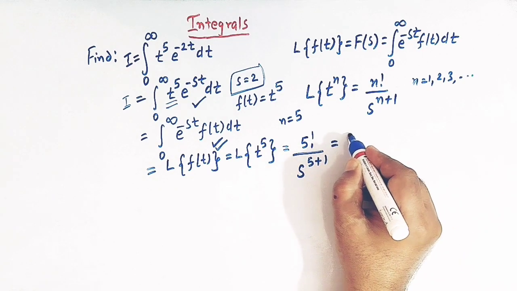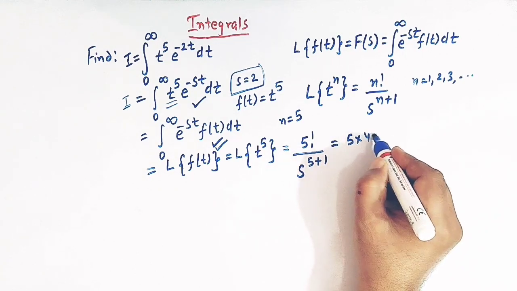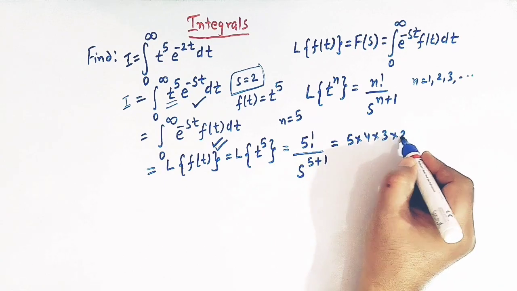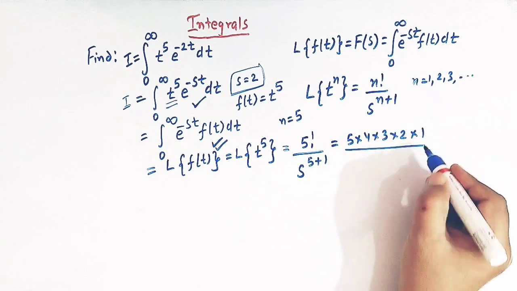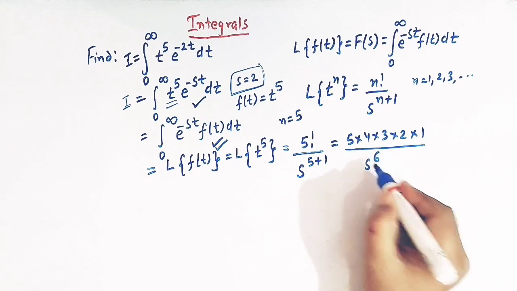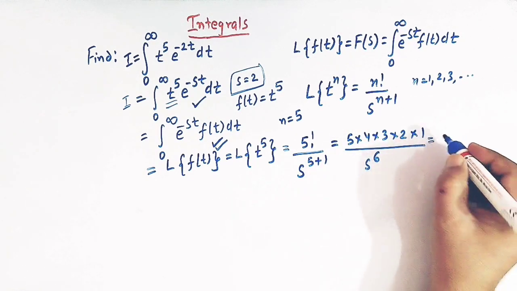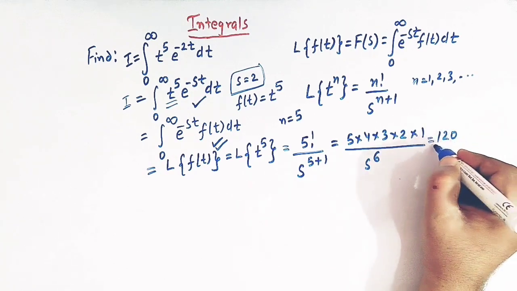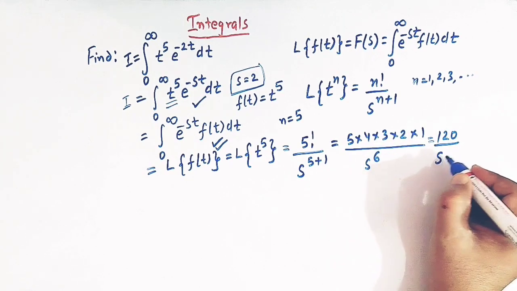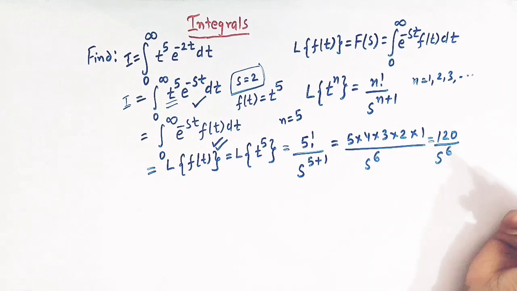So 5 factorial is 5 times 4 times 3 times 2 times 1, and here we have s raised to 6. So the product of all these numbers is 120, and here we have s raised to power 6.